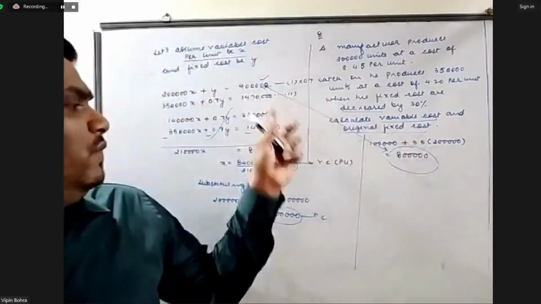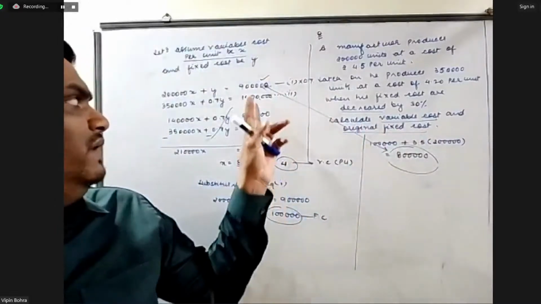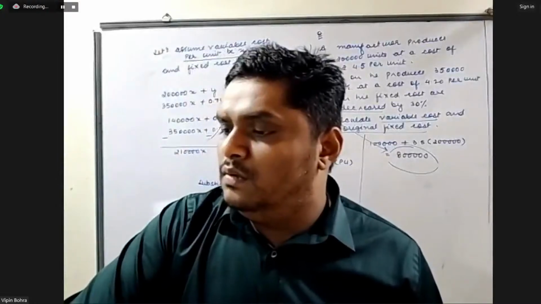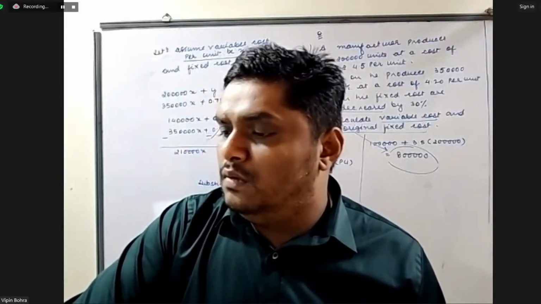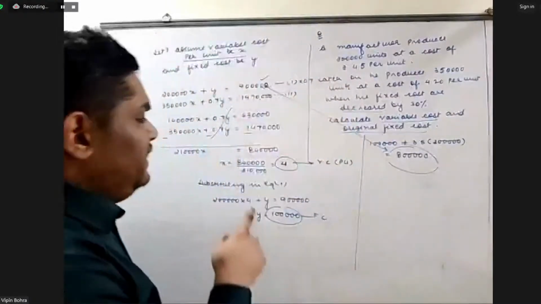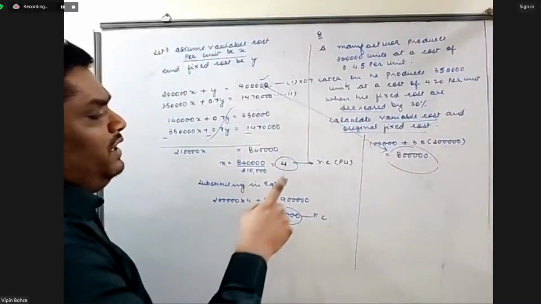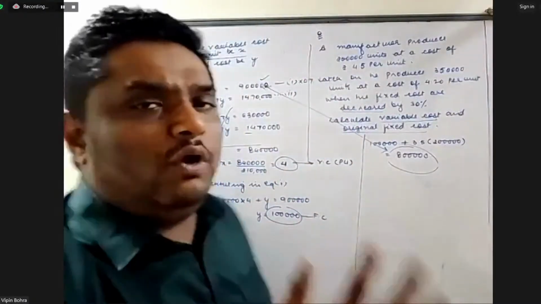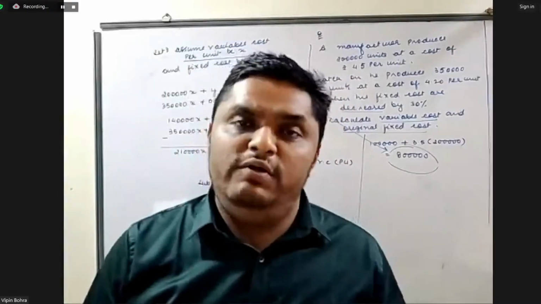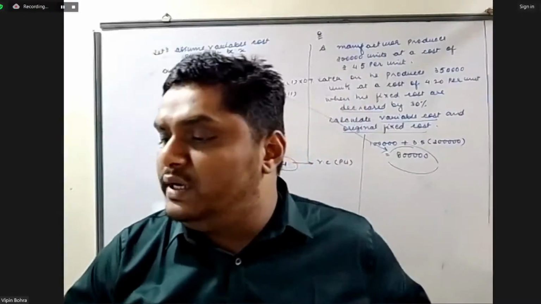Fixed cost for this one will be 1 lakh and for this one it will be 70,000, Weber. I'm saying the variable cost per unit will be 4 and fixed cost is always calculated in total. You can calculate the variable cost per unit, but fixed cost is always calculated in total.